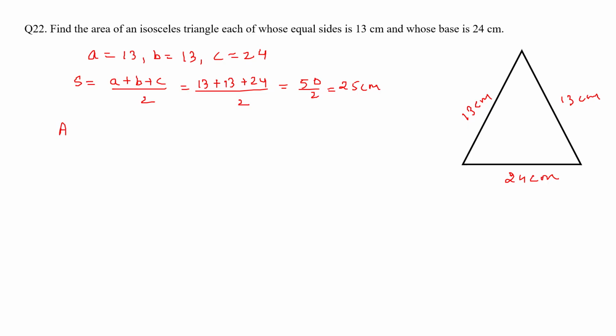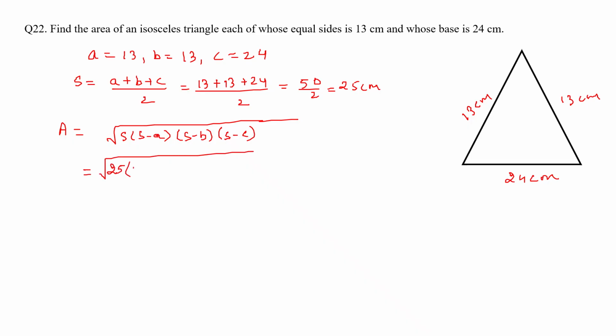Now, area of a triangle using Heron's formula will be root of s into (s minus a) into (s minus b) into (s minus c). So it is equal to root of 25 into (25 minus 13), again (25 minus 13) and then (25 minus 24). So root of 25 into 12 into 12 into 1.